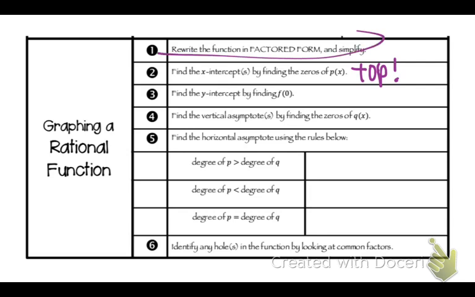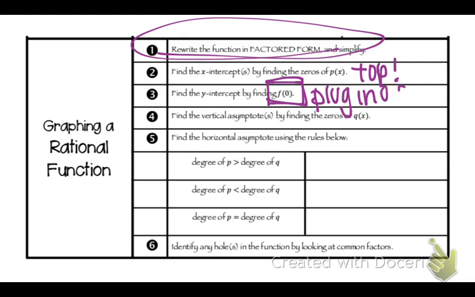So first we factor it, and then we find the zeros of the top. Then for the y-intercept we do f of 0, so we plug in 0 for x. And the vertical asymptotes are found by finding the zeros of q of x, so we find the zeros of the bottom.